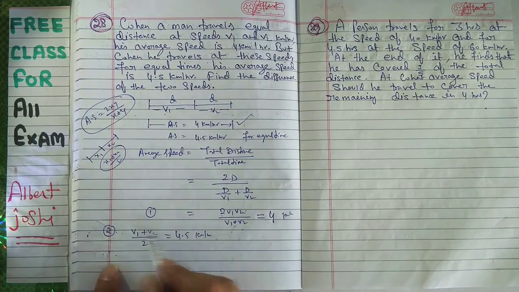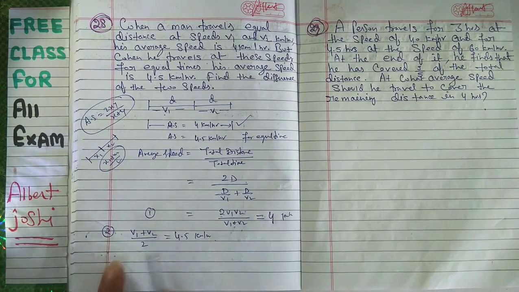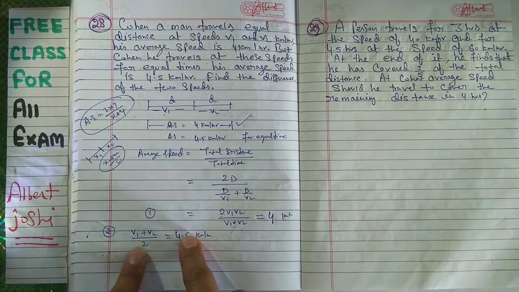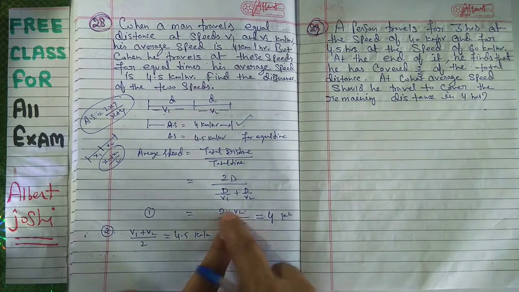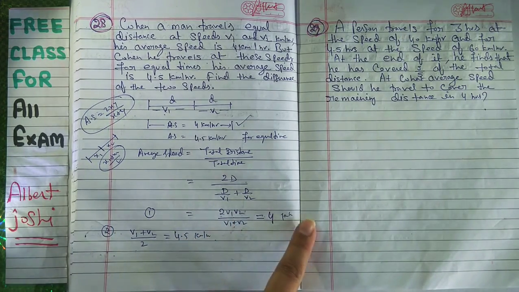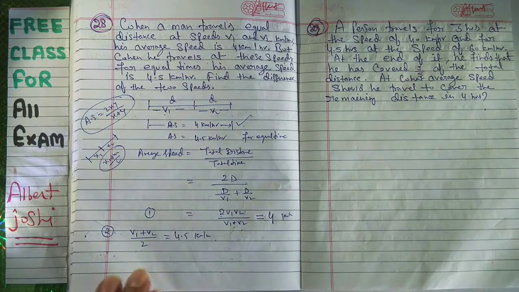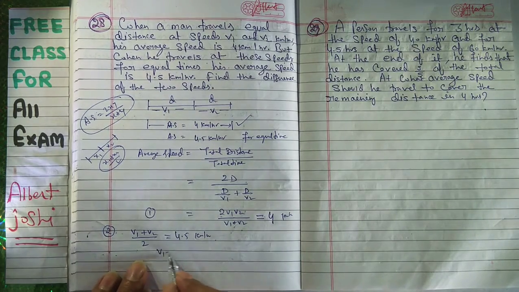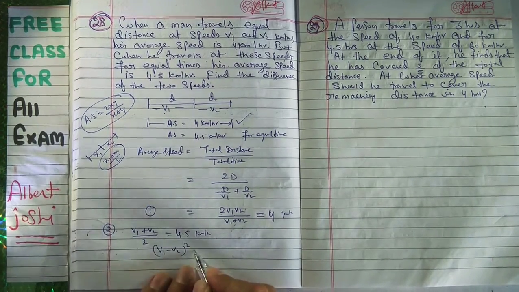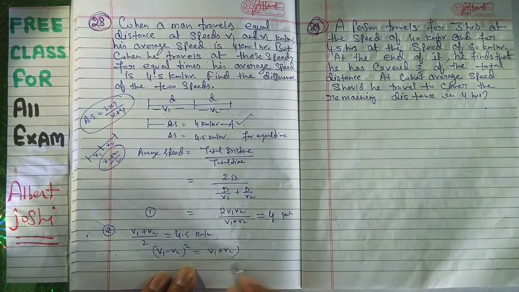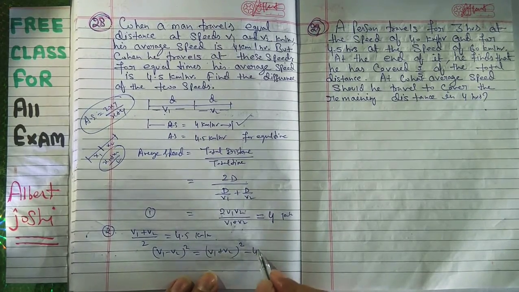Now you have two equations, equation number 1 and equation number 2, and you have to solve them. This 4.5 into 2 you have to write here, then you will get v1 into v2 equal to something. Then you can calculate v1 minus v2 with this formula: v1 minus v2 whole square is equal to v1 plus v2 whole square minus 4 v1 v2.